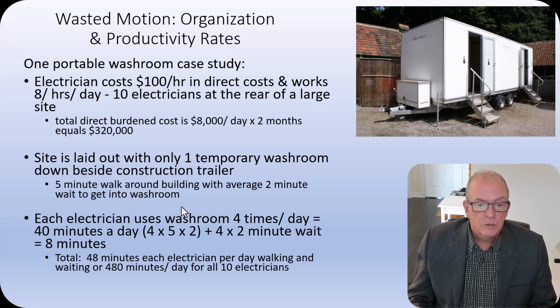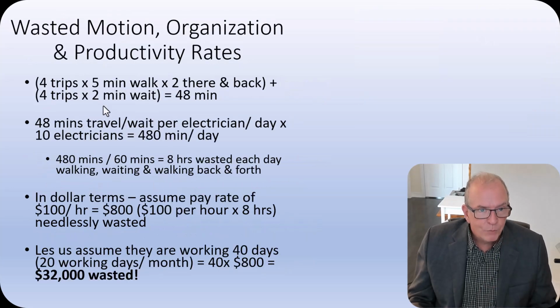Okay? So we can think about that, right? And I've broken it down step by step. If you're not sure, you can freeze it and you can look at it and contemplate it, whatever way you want. Okay. So if they're working 40 days, that's basically the 40 times 800. So it's $800, right?